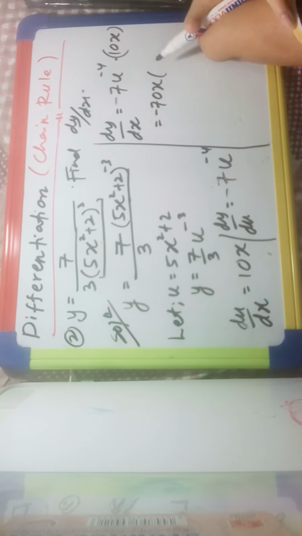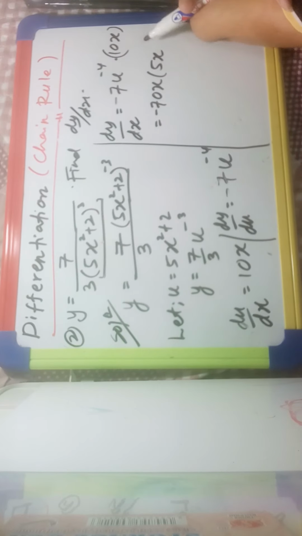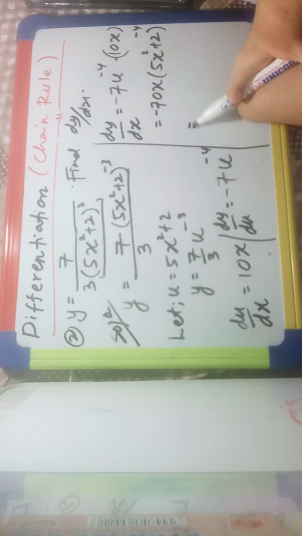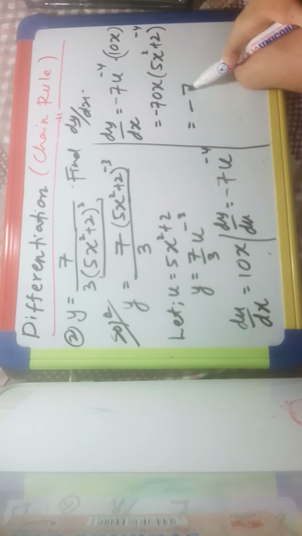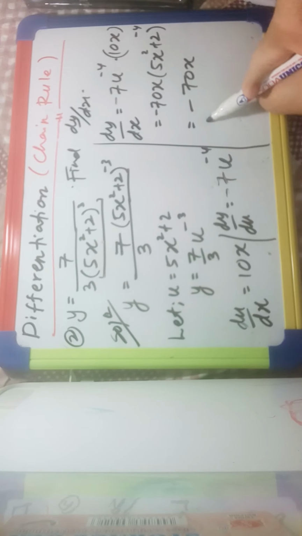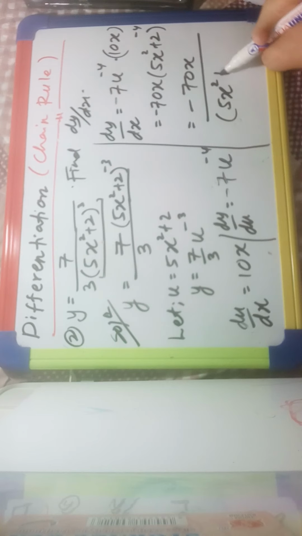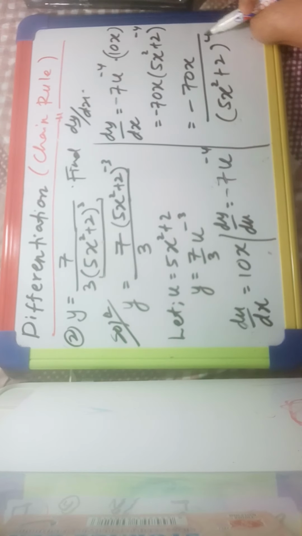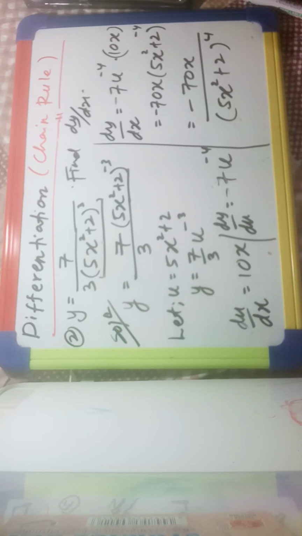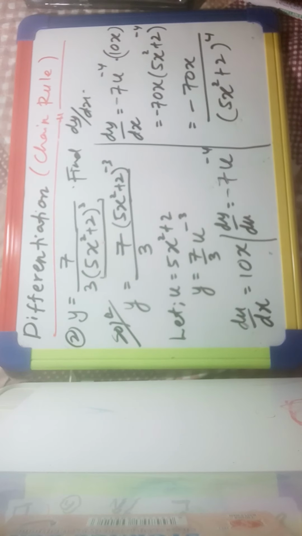What about u? This is our u, (5x squared plus 2) to the power of negative 4. Then equal to negative 70x over (5x squared plus 2) to the power of 4. So this is in the simplest form.